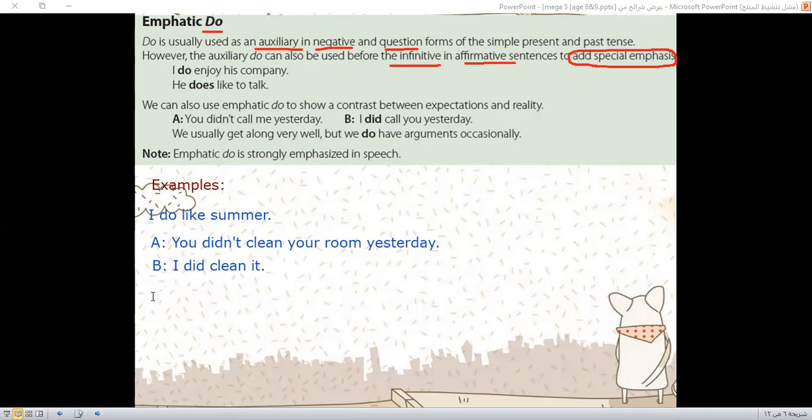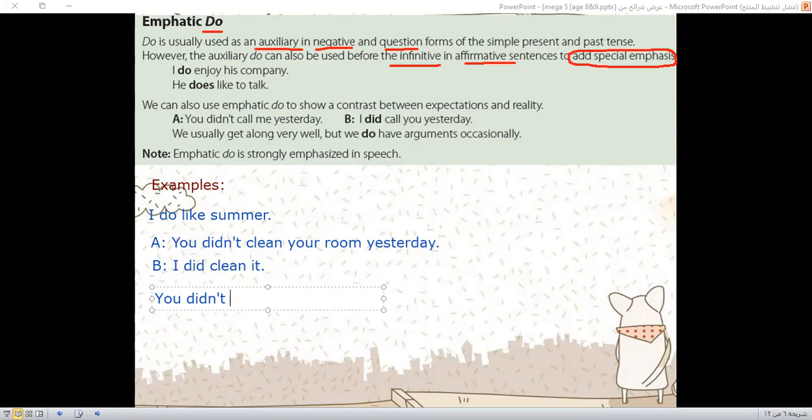One more example. Yes. Yalla Ragda. You didn't eat. You didn't eat. Oh, no, I did.